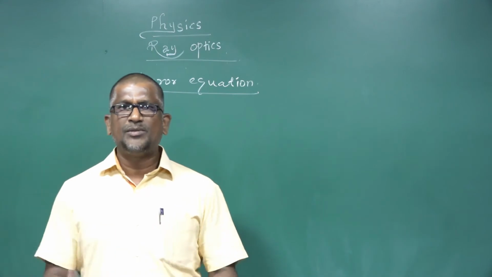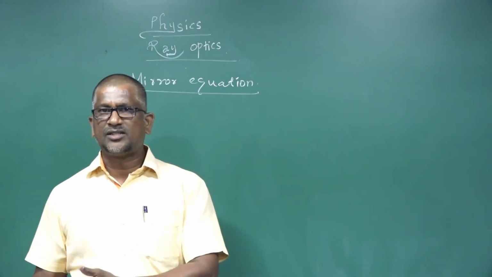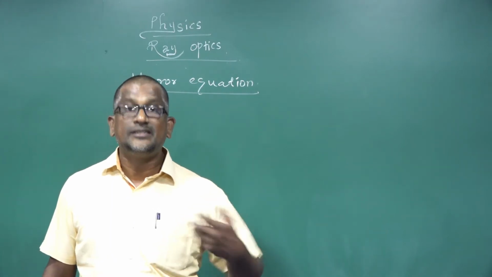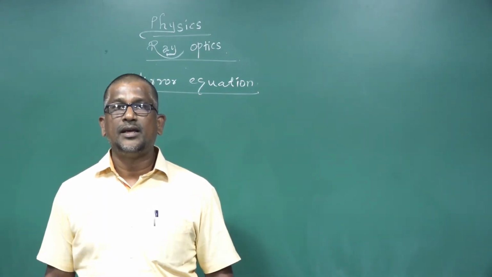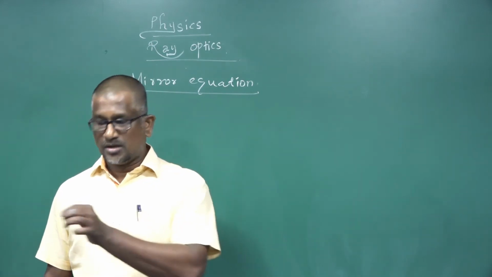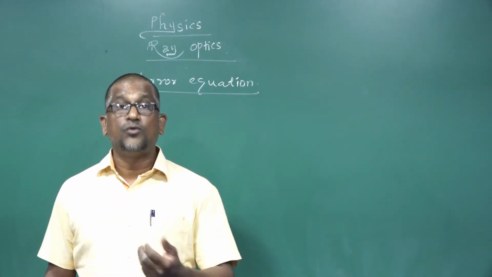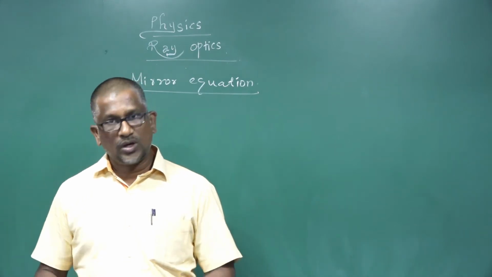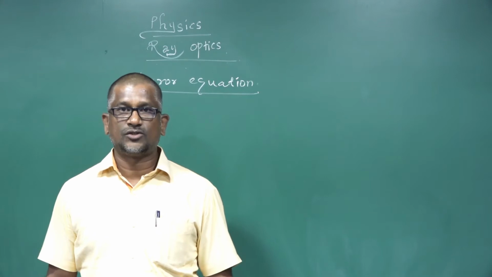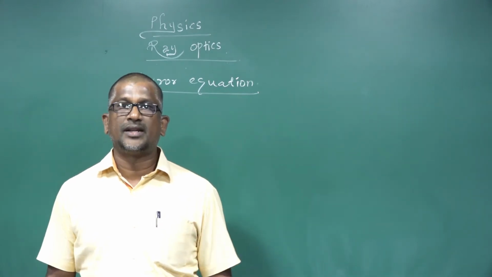Suppose the object distance and the image distance values are known, from those two values we can find out its focal length. Similarly, if you know the image distance and focal length of a spherical mirror, we can find out the object distance, right? So that is the use of mirror equation.